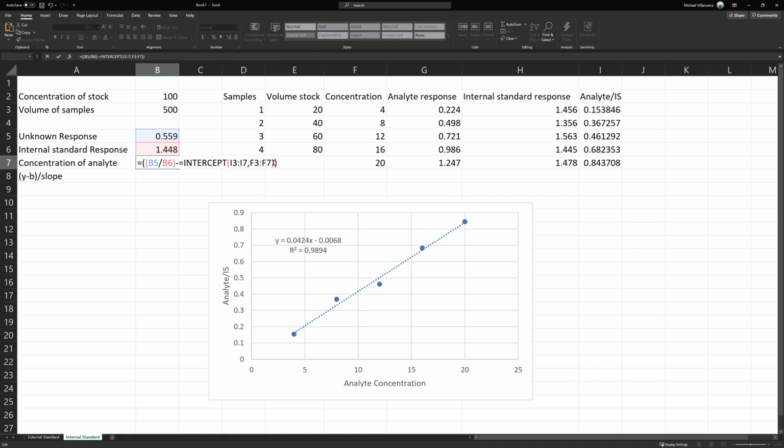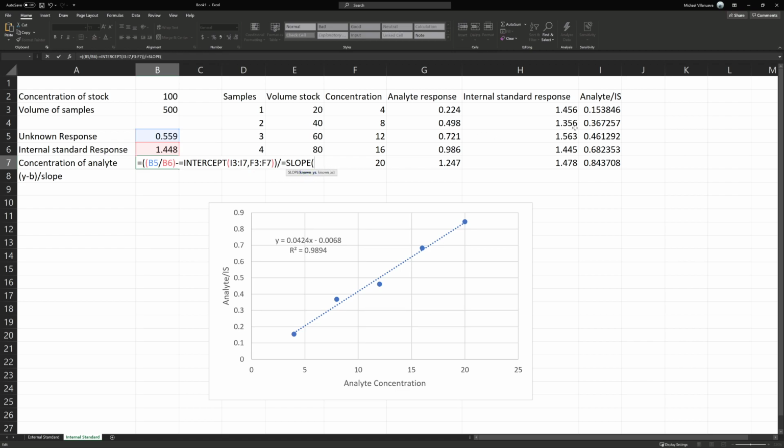I hit the arrow key again. Doesn't like it when I do that. All right, I'm going to use this formula bar up top. So now I have the y-intercept, or the y minus b. Now I have to divide by the slope. So this equals slope.